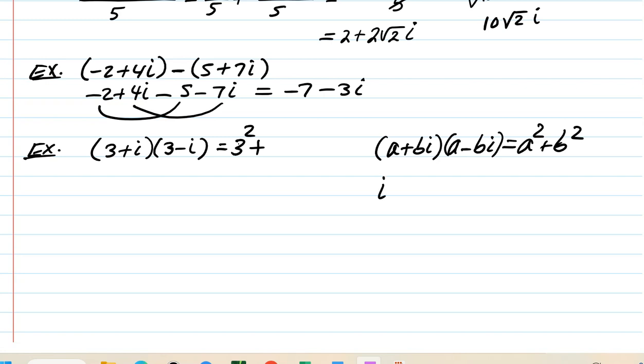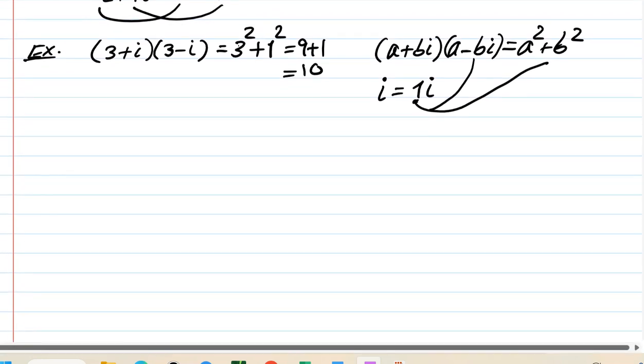Well, i is 1 times i, right? So b is 1 here, it's plus 1 squared. That's going to be 9 plus 1. The answer is 10. Okay, so that one answer is 10.